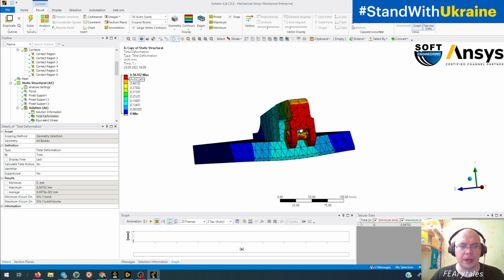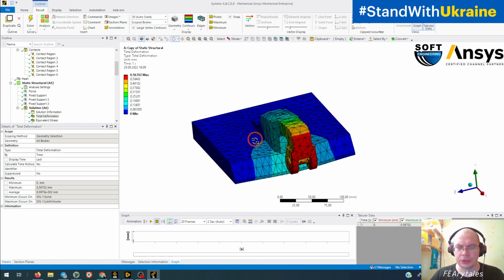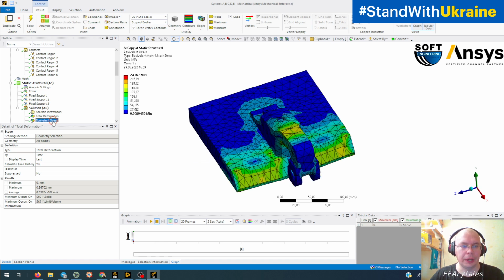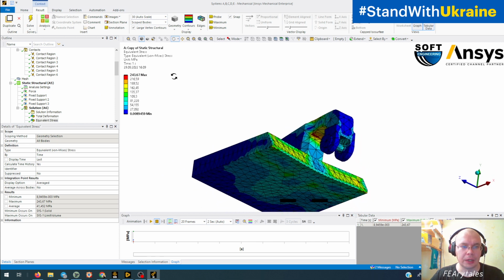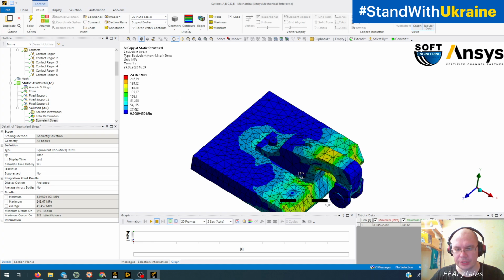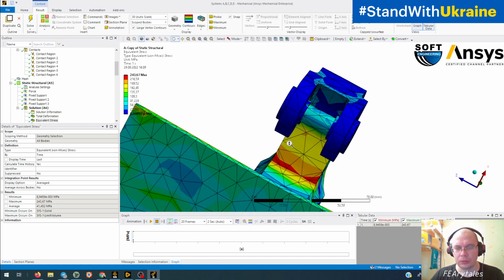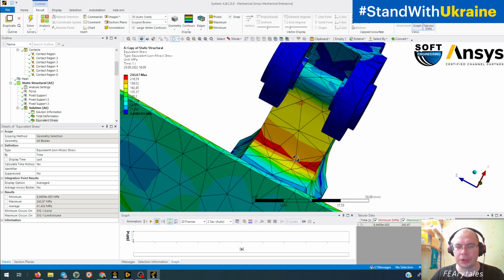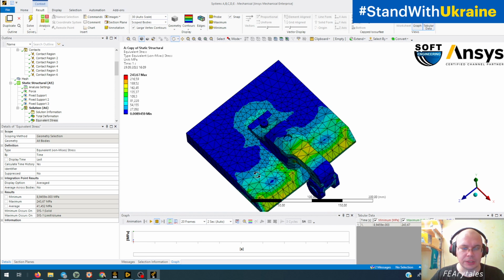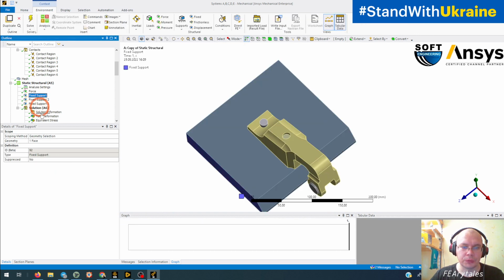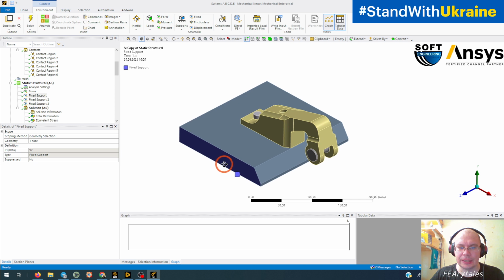We have 570 microns of deformation. We have about 240 megapascals of stress. We have the maximum of stresses here on our crank, and in most cases we can say that it's no matter how we fix this base, because this task was created only for analysis of this crank.